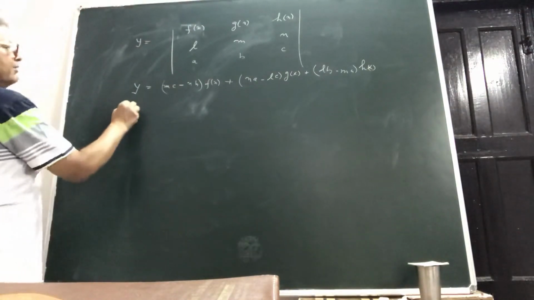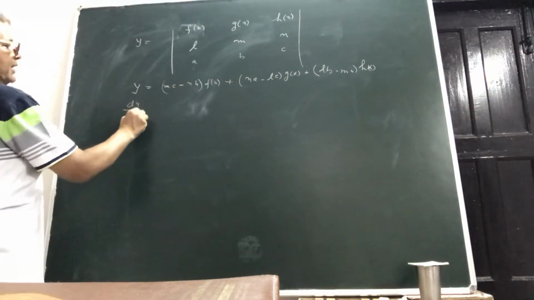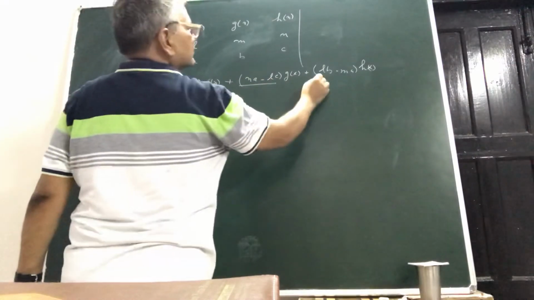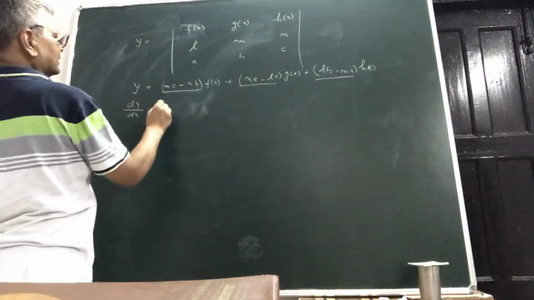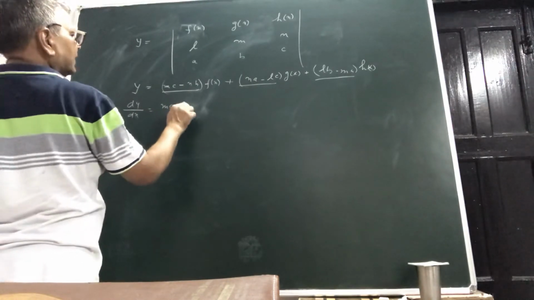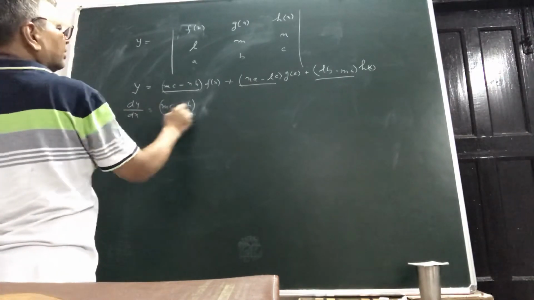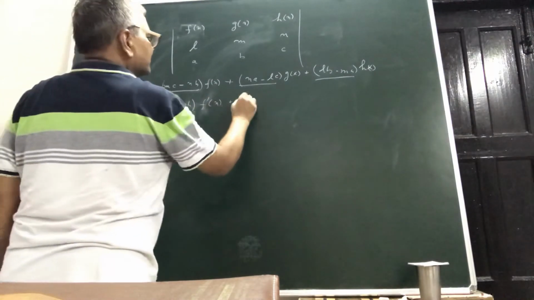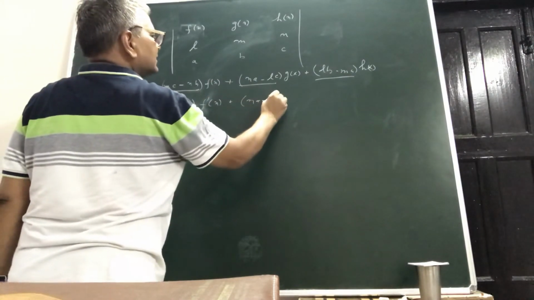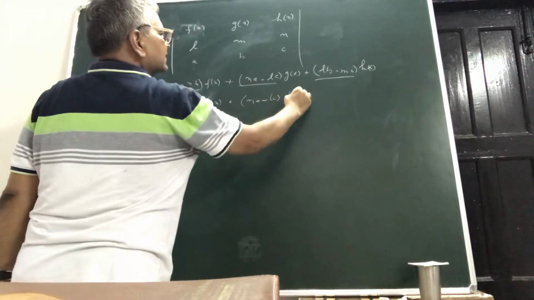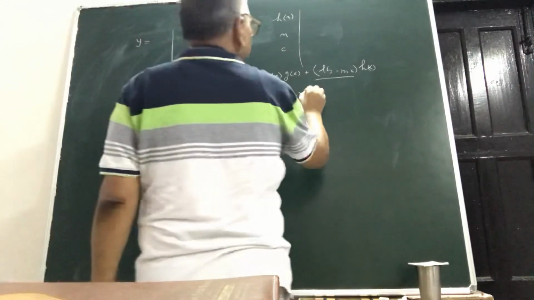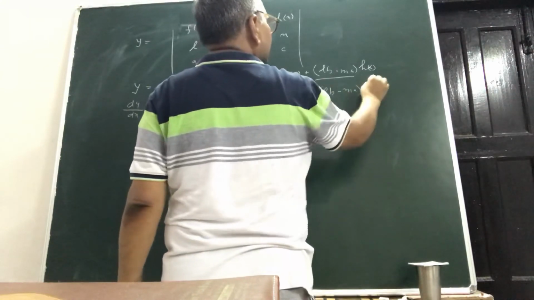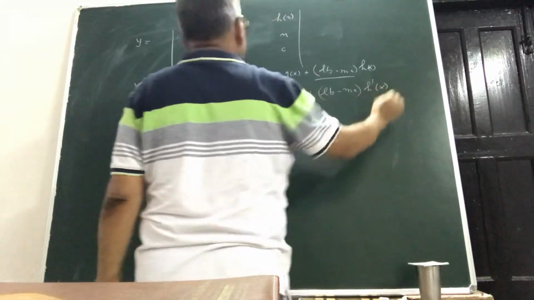So differentiating with respect to x will fetch you dy/dx. Here these are constants. So dy/dx is nothing but the same thing: (mc minus nb) f'(x), plus (na minus lc) g'(x), plus (lb minus ma) h'(x).